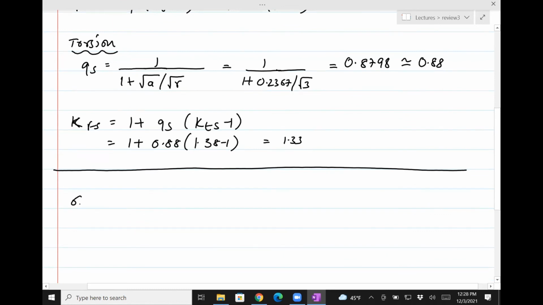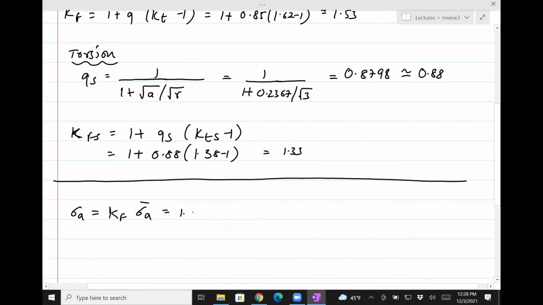Now we can find sigma A, which is KF times sigma A prime. KF is 1.53. Sigma A prime is given to us. It's 60 MPa. So the stress is going to be in MPa, it's 91.8 MPa.